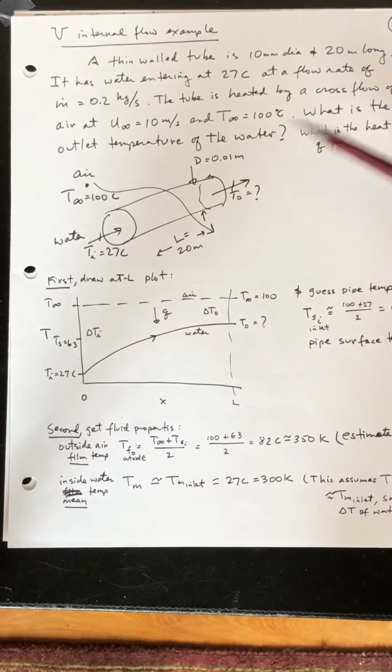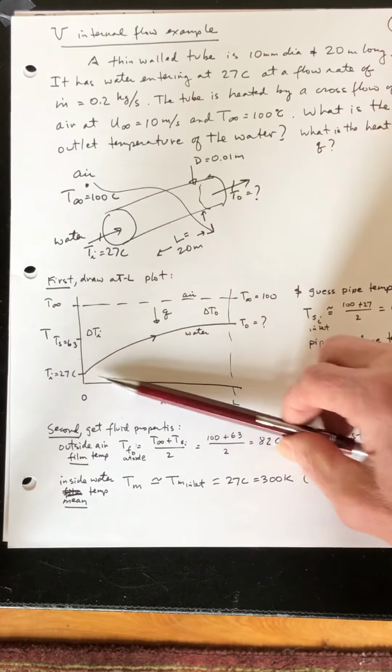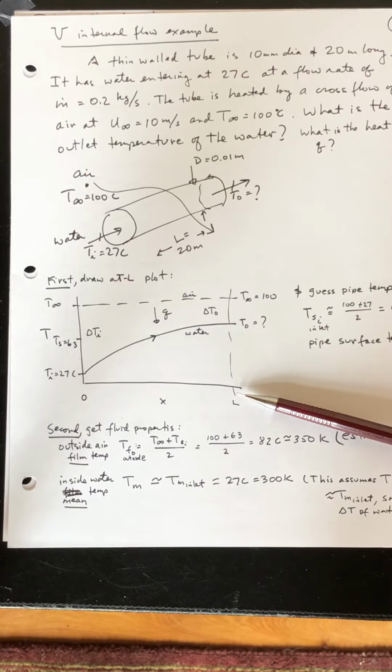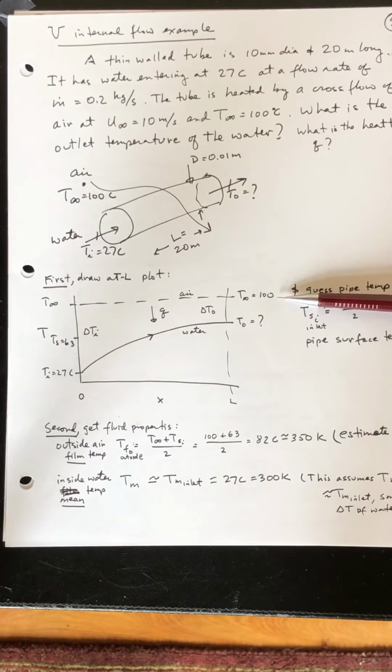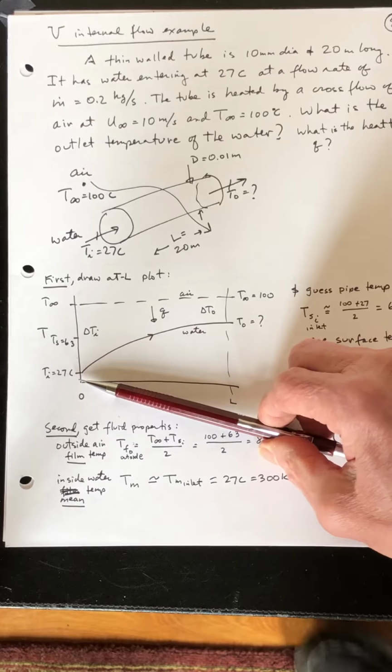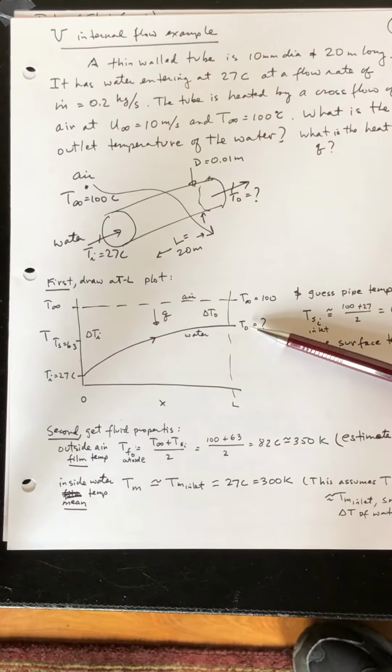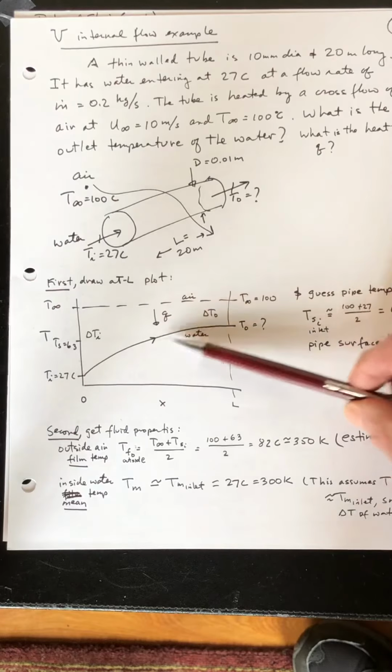So again, with these type of problems, always draw a temperature versus length diagram. Label your air temperature at infinity, your incoming temperature, and then the unknown outlet temperature. And this will then be the heat transfer.